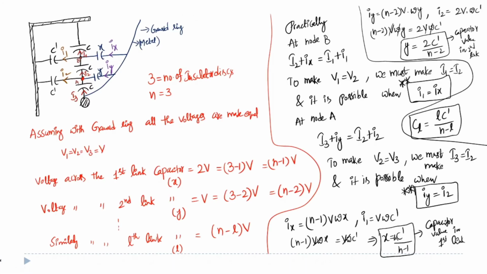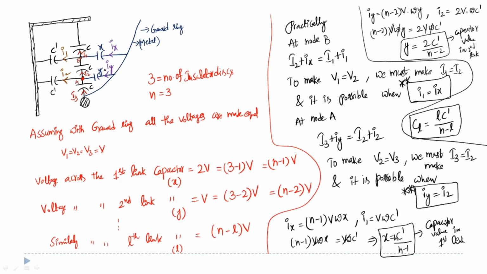In this way, by maintaining different capacitances, C dash by n minus 1 is one value, 2 C dash by n minus 2 is another value. Is it right or not? And L C dash by n minus L is another value. Like that you are getting different capacitances.